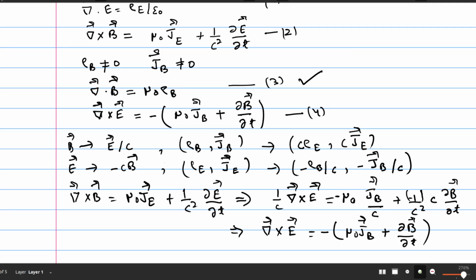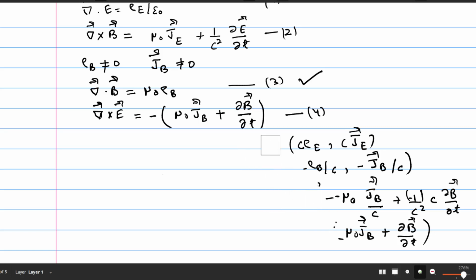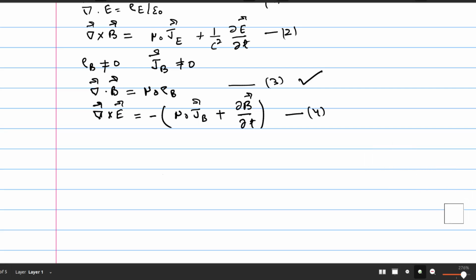Now this duality, electric magnetic duality, can be expressed in a simpler form if we write down Maxwell's equations using differential forms.